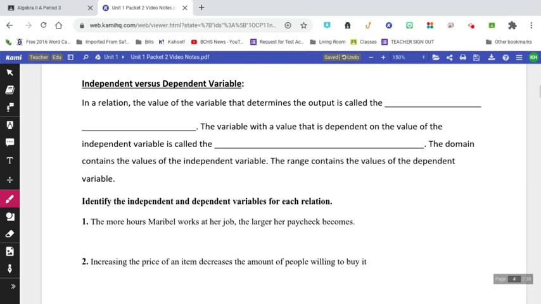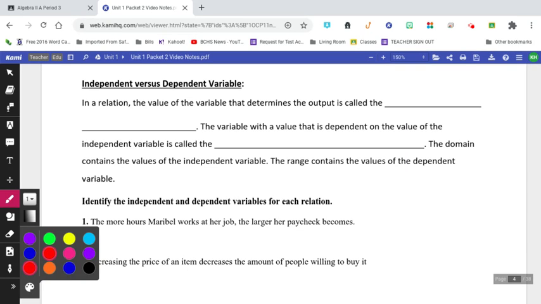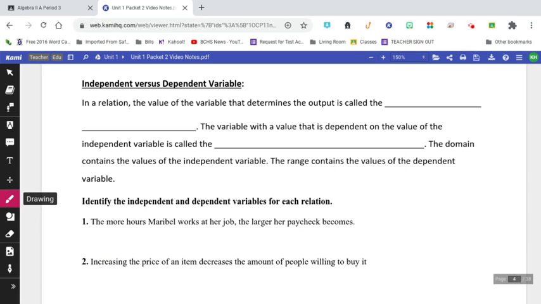Okay, when we talk about coordinate pairs and graphing on the coordinate plane, we also have to talk about independent versus dependent variables. Now, this is something that has probably come up in your science classes. So, in a relation, the value of the variable that determines the output is called the independent variable.